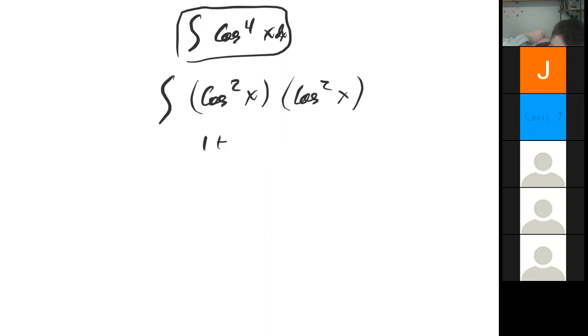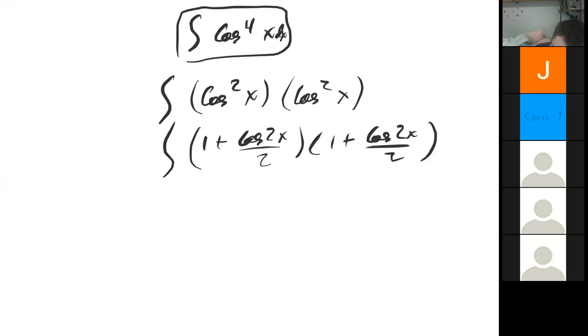So that gives you 1 plus cosine 2x over 2, times 1 plus cosine 2x over 2. And then this gives you 1 plus 2 cosine 2x plus cosine squared 2x, over 4.